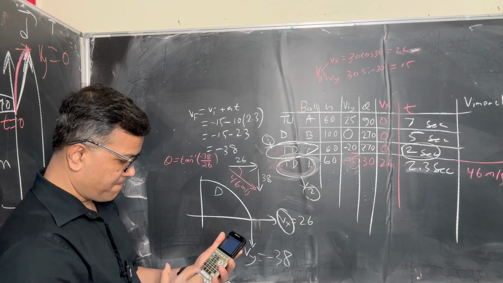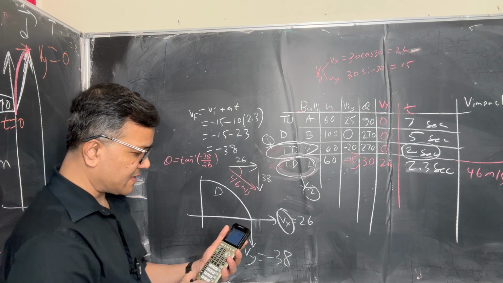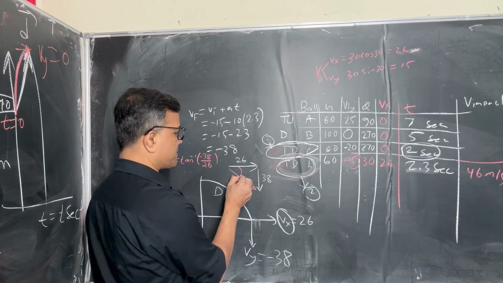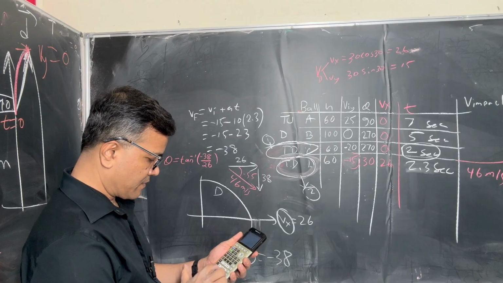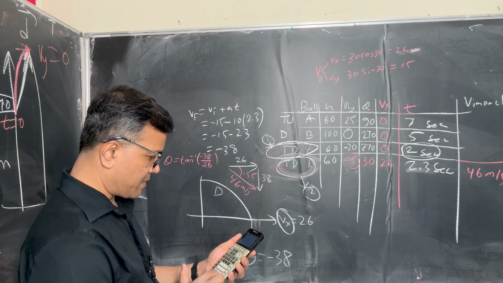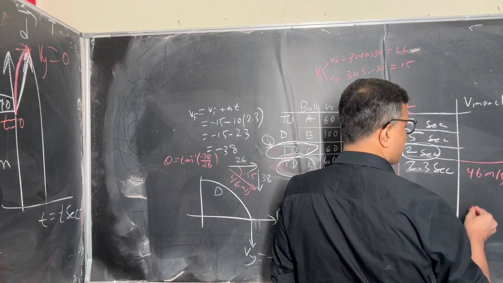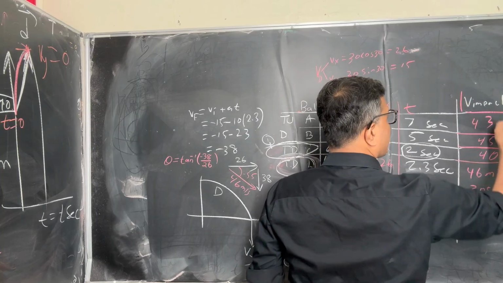So tan inverse of negative 38 divided by 26 is negative 55 degrees. So you want to write this as negative 55 degrees. So 360 minus 55 is 305. 46 meters per second, 305 degrees. Impact speed.